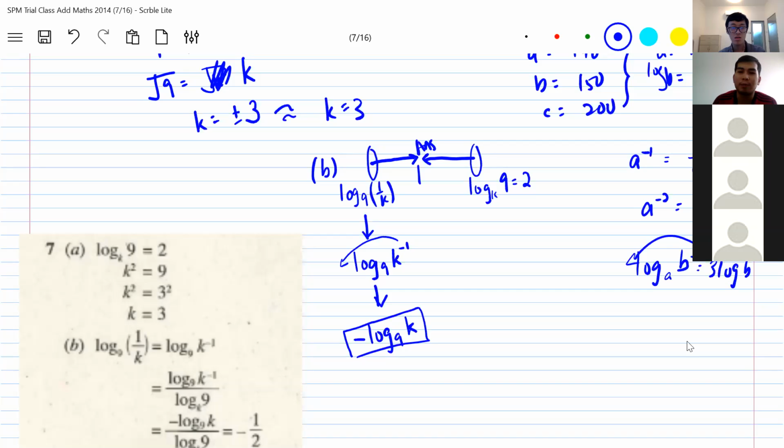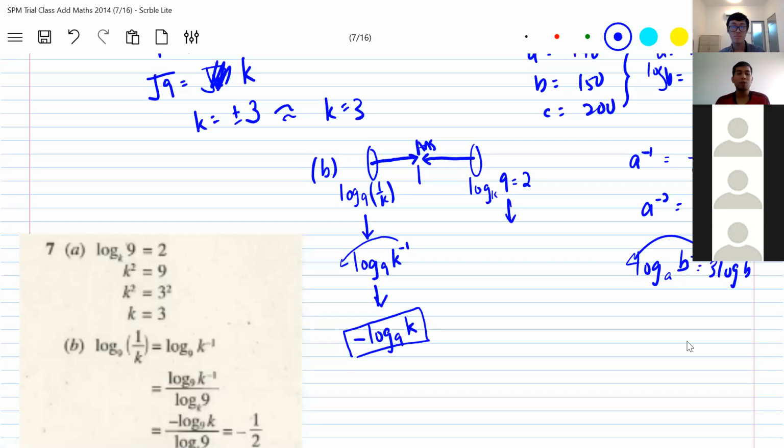That is where you move from the equation given at the start of the whole question: log base k of 9 is equal to 2. How can you find log base 9 of k from here? For this question, we apply a change of base.